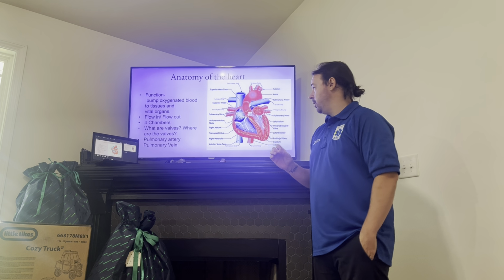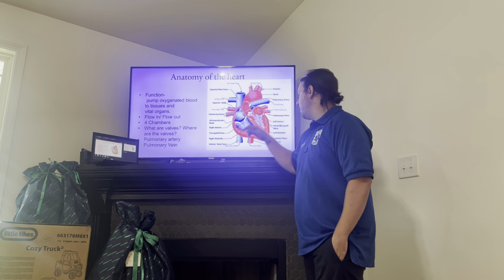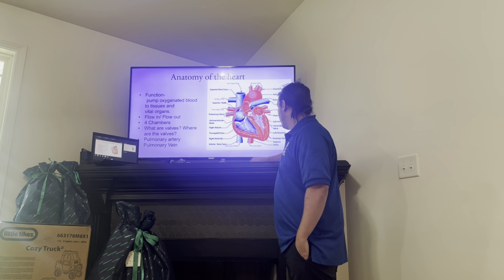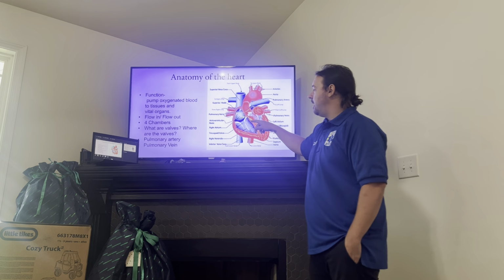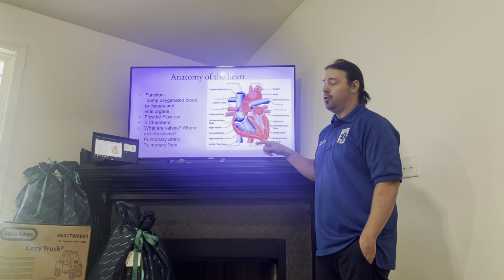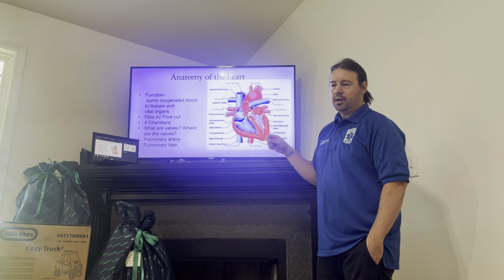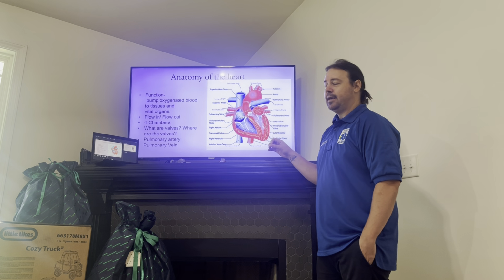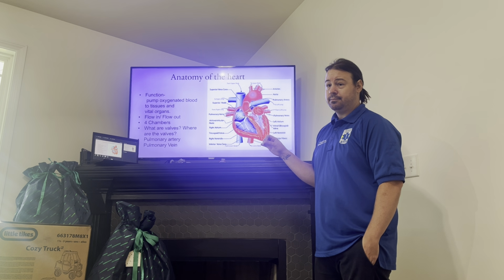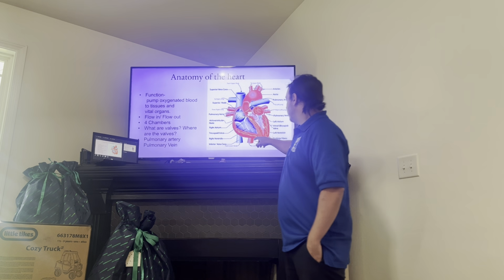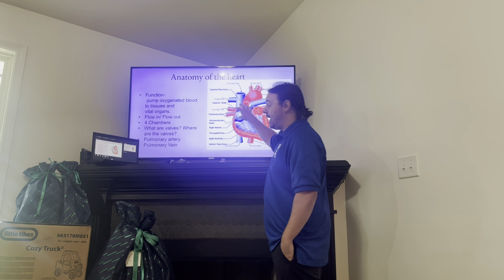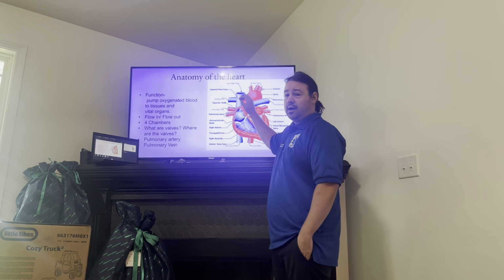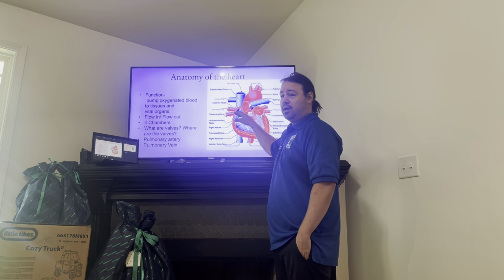Again, very important, right? So the pulmonary artery comes off of the right ventricle and goes into the lungs. Interestingly enough, the pulmonary artery, although it is an artery, is the only artery in the body that carries deoxygenated blood, okay? So it comes off of the right ventricle, goes into the lungs, and then the gas exchange, carbon dioxide to oxygen, occurs in the lungs.